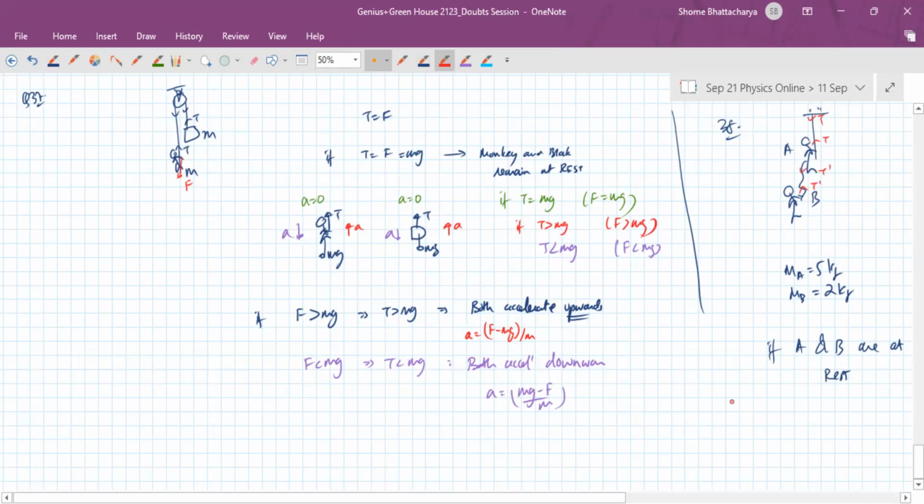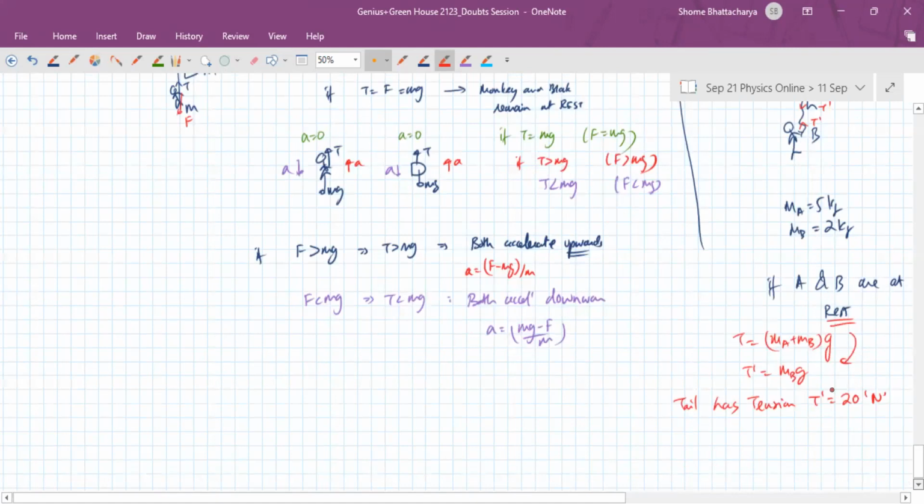You'll see that T will become their combined weight, but T prime will be equal to the weight of B. This is the condition for them to be at rest. In that case, the tail has tension T prime equal to 20 newtons. So definitely the tail is not breaking.